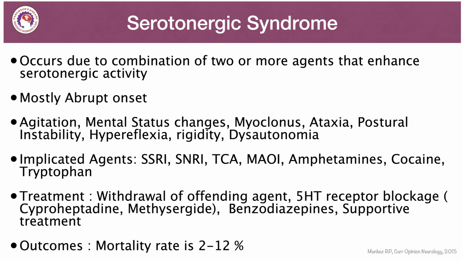Commonly implicated agents are SSRIs, SNRIs, tricyclic antidepressants, MAO inhibitors, amphetamines, cocaine, and tryptophan. Treatment is first withdrawal of the offending agents, use of 5-HT receptor blockers such as cyproheptadine and methysergide, and considering benzodiazepines and supportive treatment similar to neuroleptic malignant syndrome. Mortality rate in serotonin syndrome varies between 2 to 12%.